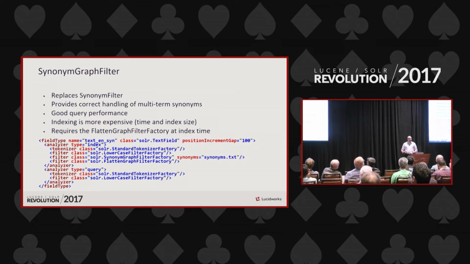But as you'll see, you probably won't want to use it at index time anyway. If you do use it at index time, there's an extra step you have to go through, and that's part of the cost in using it: you have to flatten the graph that it produces in order to fit in your index, because the index is really just a flat list of tokens, and it's not going to know how to handle a graph produced by this.